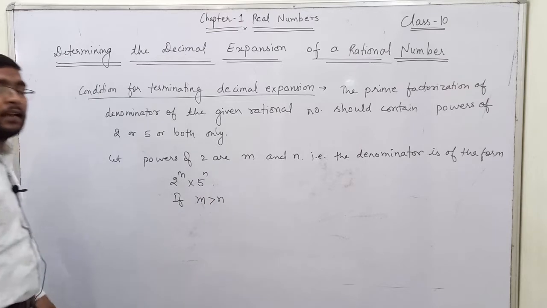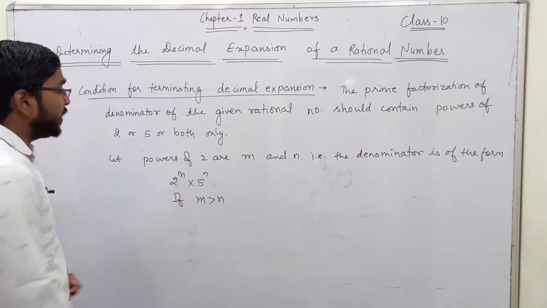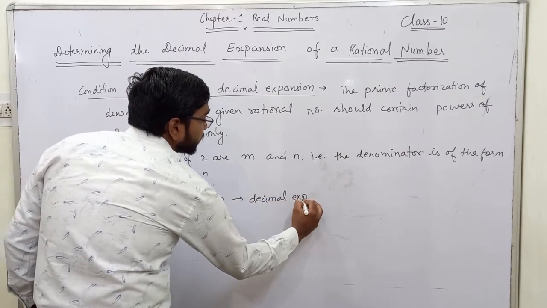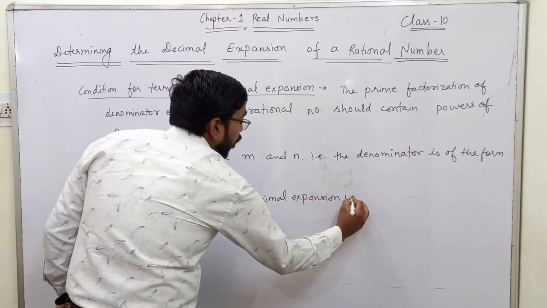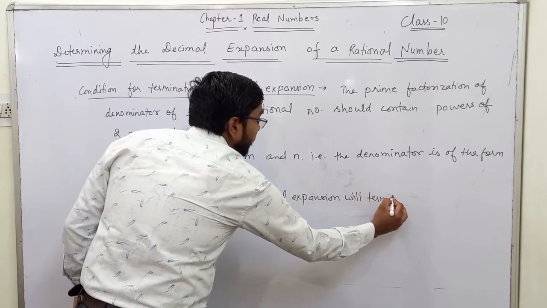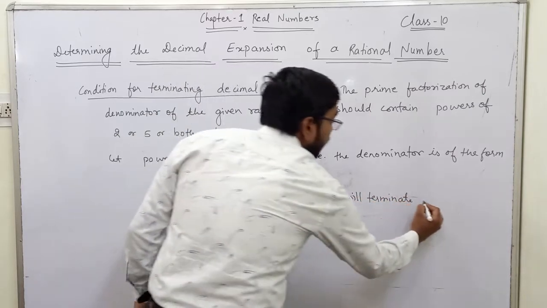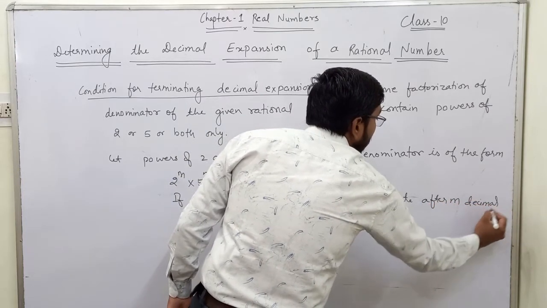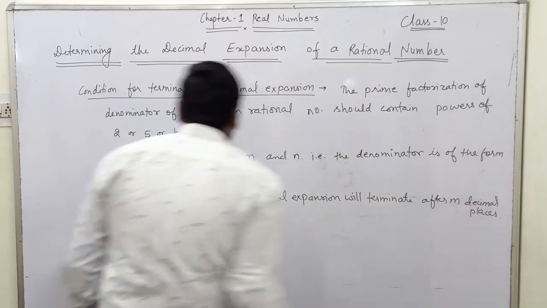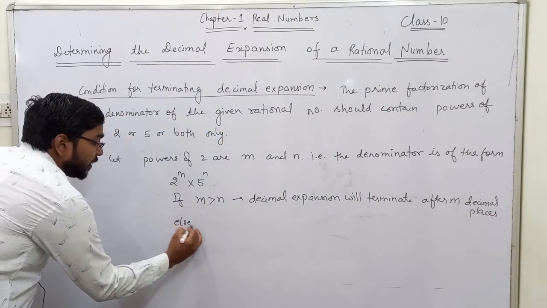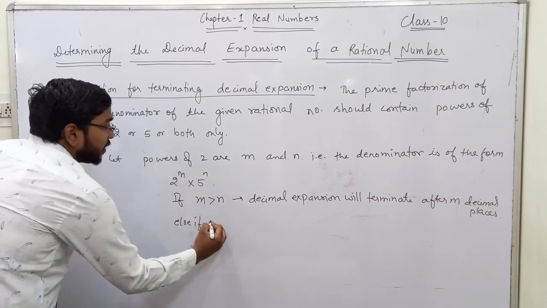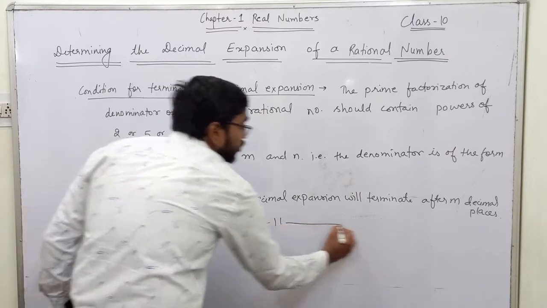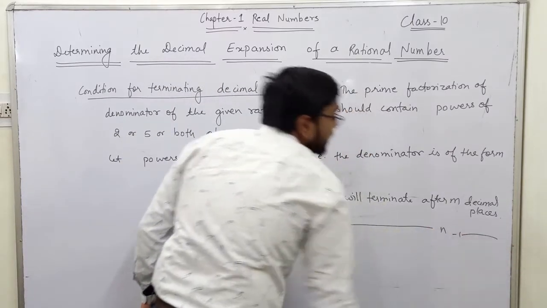If the value of m is greater than n, then the decimal expansion of the number will terminate after m decimal places. And if n is greater than m, then the decimal expansion will terminate after n decimal places.